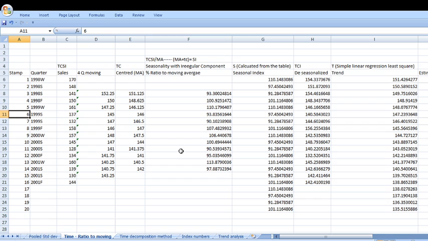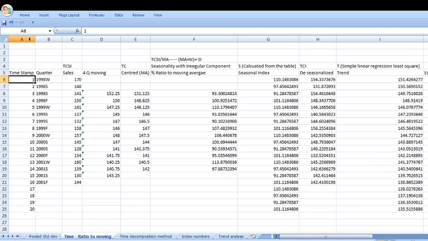Let me first explain the columns present in this Excel sheet. One is the timestamp. I have just used indicators here to show the amount of data we have. So we have 16 data points here. Before we start, I mentioned that this is quarterly information. We have data starting from 1998 winter through 2001 fall, so every year we have 4 data points, those are the 4 quarters.